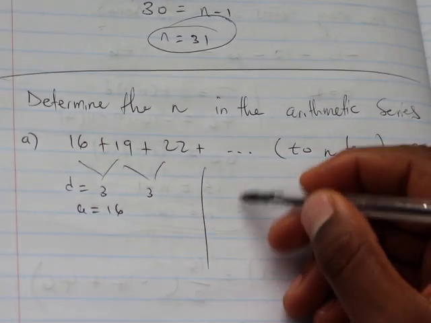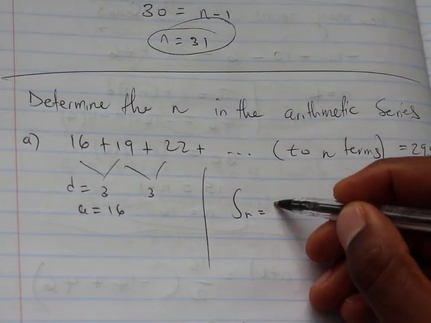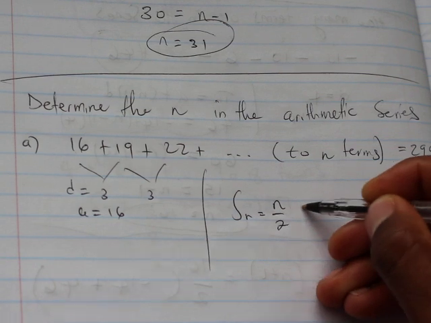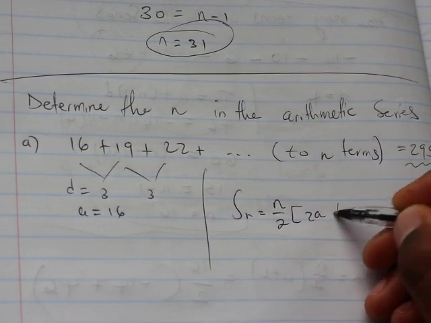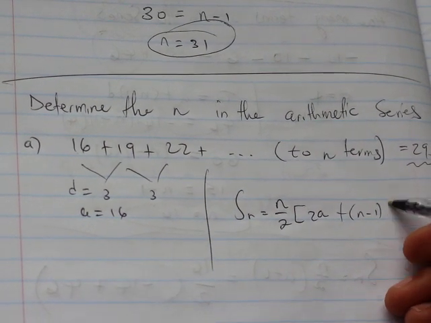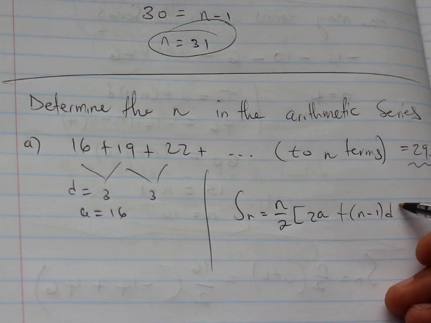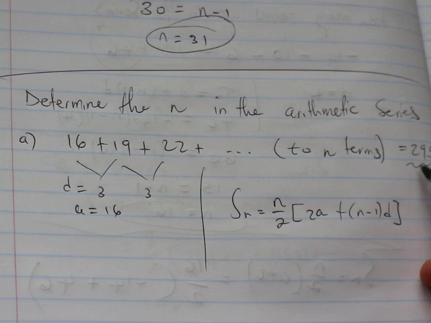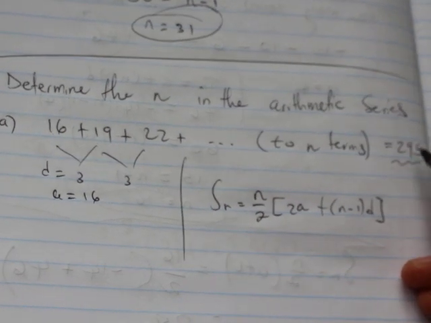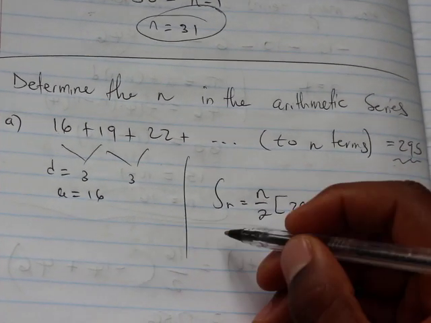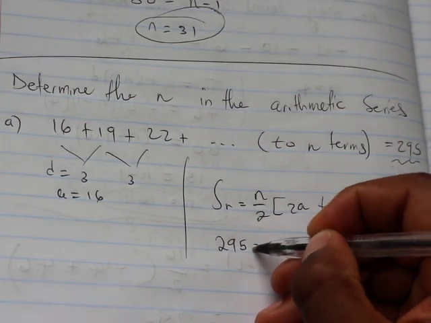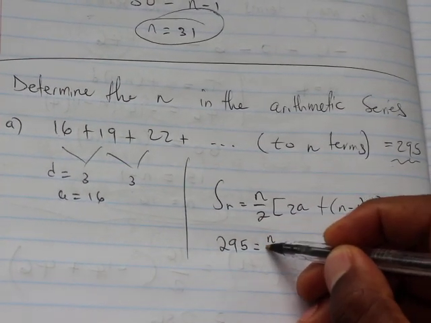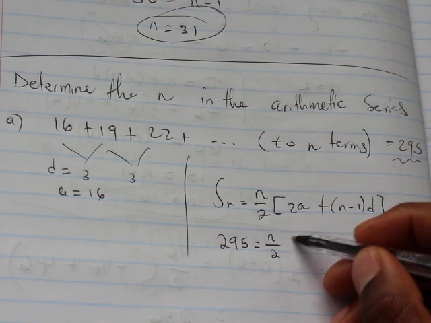So we're ready to use the formula. Sn is equal to n over 2 into 2a plus n minus 1 times d, but we're already given the sum, which is 295. So we're just going to substitute 295 here, and we don't know what the n is. That's what we're looking for.